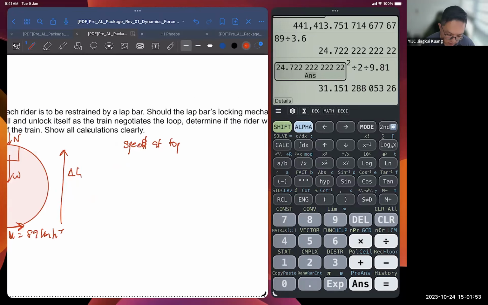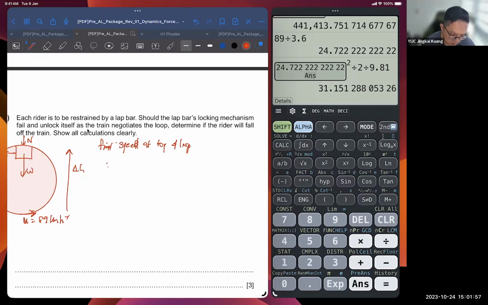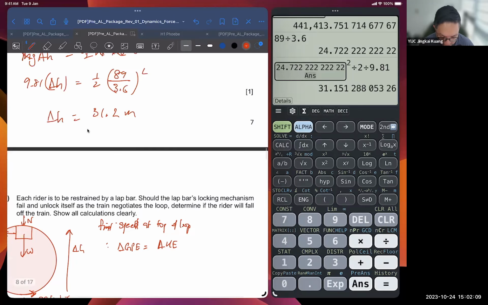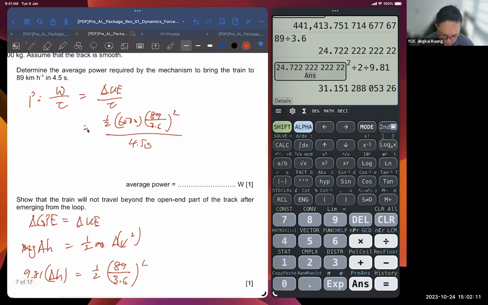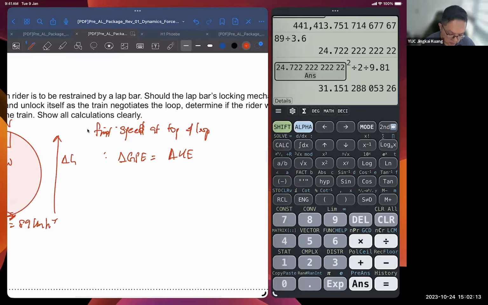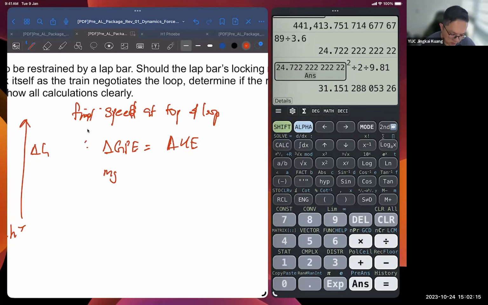How to do it is we have delta GPE equals to delta KE. There's a formula, but I don't really remember it, something with 5/2 g. I don't bother with that; it's just faster to do it quickly. So this is mgh, where the height is 23 meters according to the question.